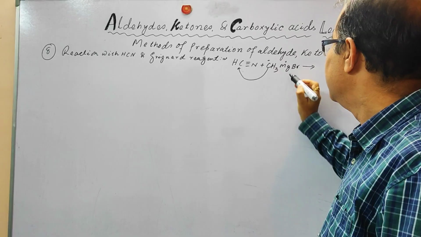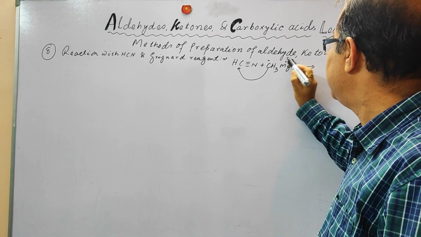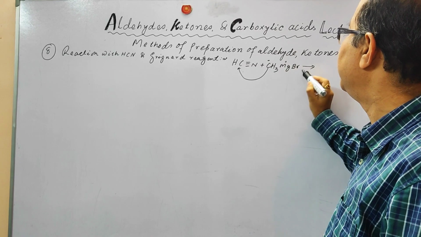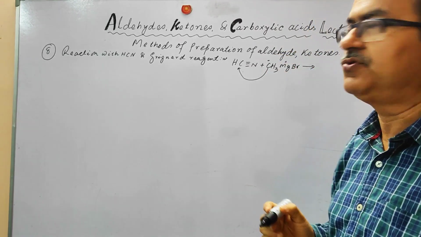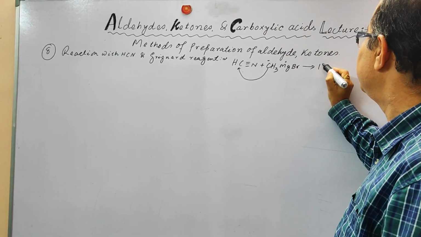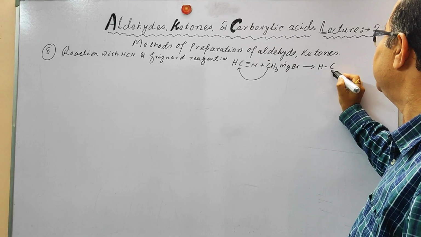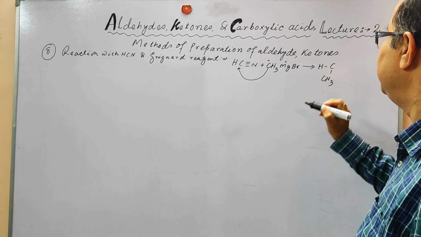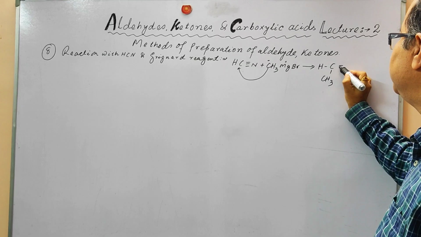So the MgBr part of this Grignard reagent will be attached to this nitrogen. So an intermediate addition product will be formed.